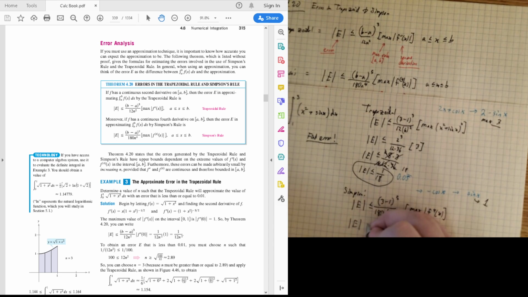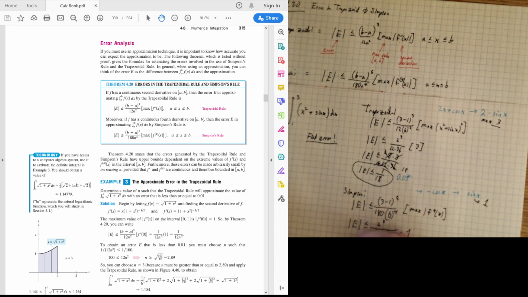E less than or equal to. All right, 3 minus 1 is 2 to the 5th power. 180 times 6 to the 4th power is 1296. The max of these ones is 1, so that's pretty nice.